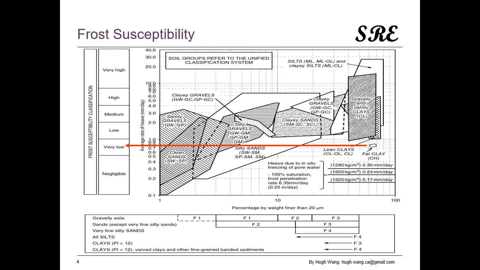This is all the data plotted on this chart. The data are from Corps of Engineers testing data. You can see on this chart that the fat clay corresponds to a frost susceptibility of negligible to very low.